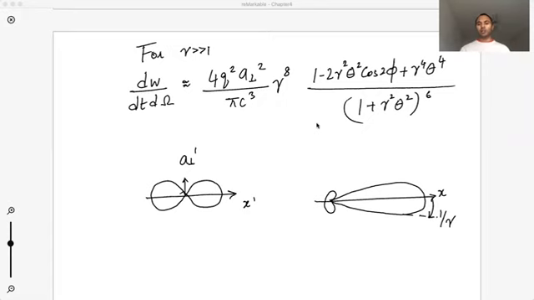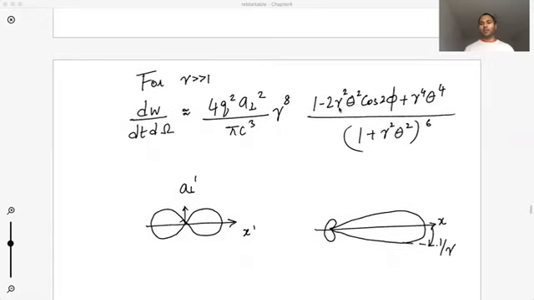Now let's see what happens to the radiation pattern. So if you have some large value of theta, again, theta to the power 12 in the denominator is going to overcome everything for large values of theta. So you don't get any radiation at large values of theta, right? But if you have theta very close to 0, you can actually put theta equal to 0 and the numerator doesn't go to 0, like in the previous case.